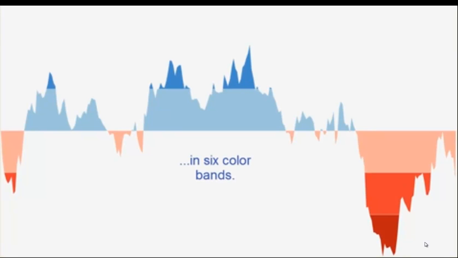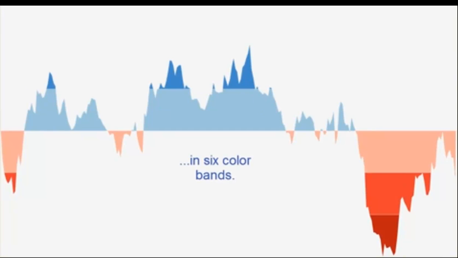So you can see here's a dark red, and a less dark red, and a less dark red, and here's a blue, and a darker blue, and I think there's a darker blue here, maybe. Okay, so the dark red means very low, or maybe very negative, and this is a little less negative, and this is less negative, and then this is positive, and more positive, and so on.